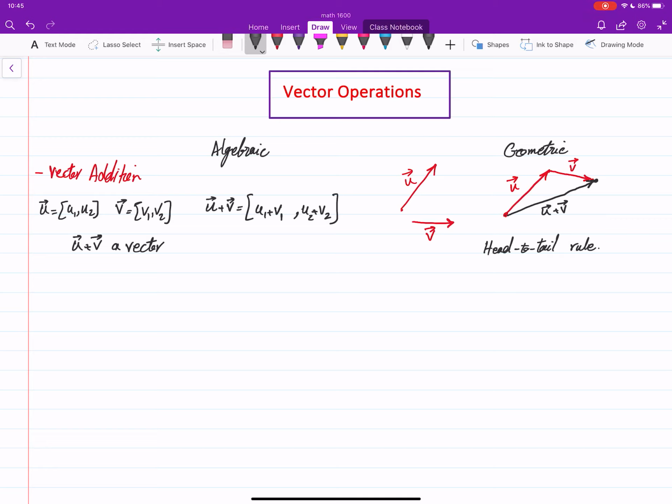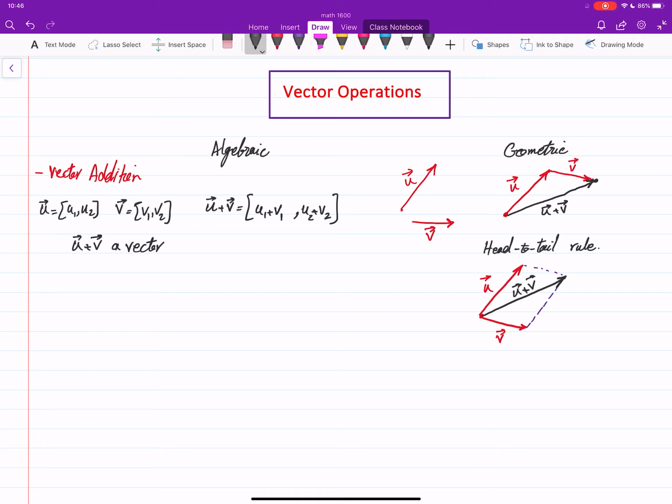But there's also another version of this. When you have u and v, you can place them in the plane such that they start from the same point, so their initial points coincide. Then you can make a parallelogram using these two. The diagonal starting from their initial point is the vector u plus v.